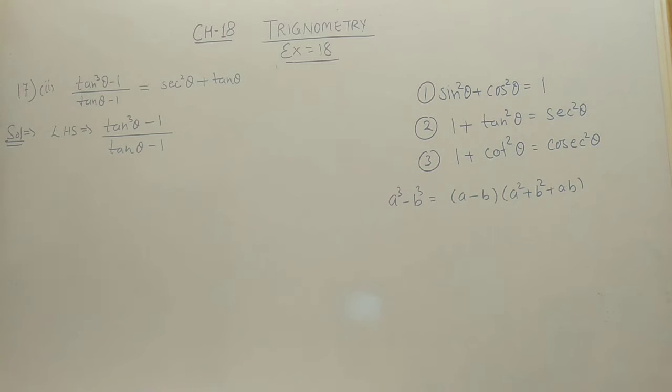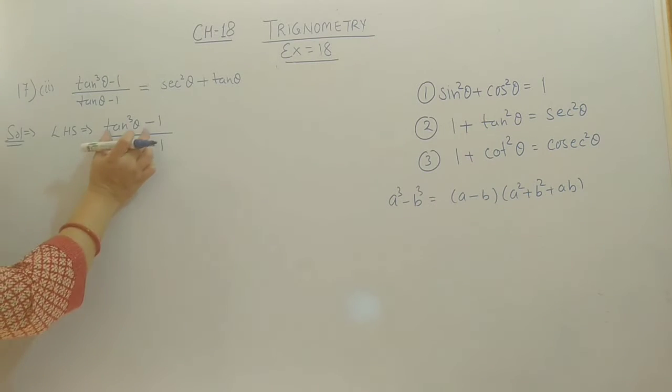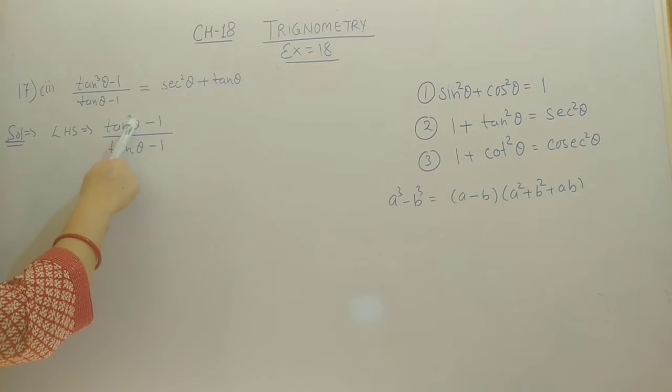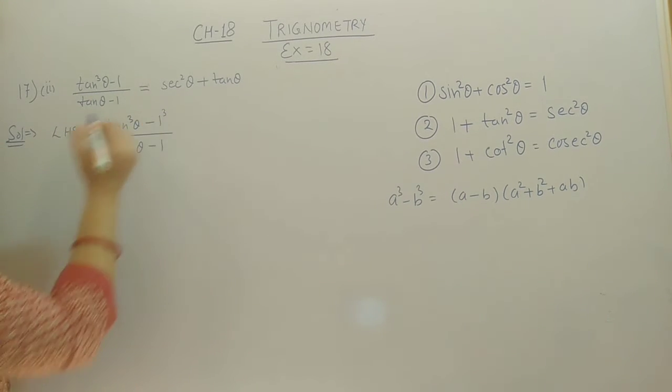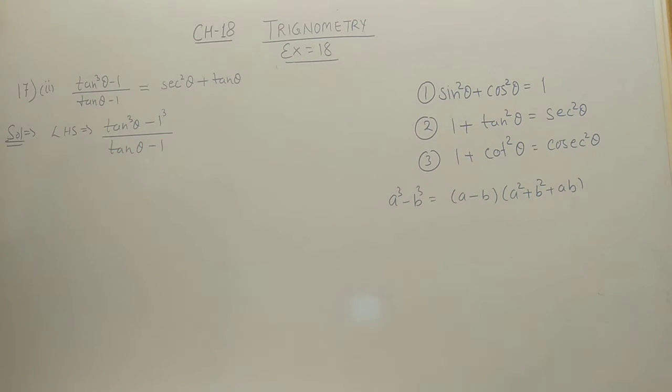17th second part: (tan³θ − 1) / (tan θ − 1) = sec²θ + tan θ. We have taken the left side here, and this numerator, if you see carefully, is tan³θ minus 1. This 1 we can treat as 1 cube because 1 cube is also 1.